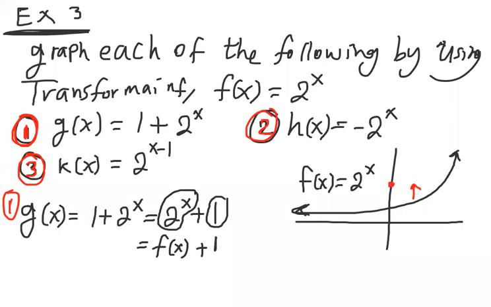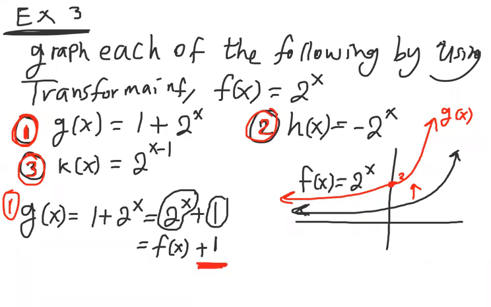So here, instead of 0, 1, it becomes 0, 2. This point is 2. Then it looks like that. This is the function g of x. So we shift the original function f of x up 1 unit.